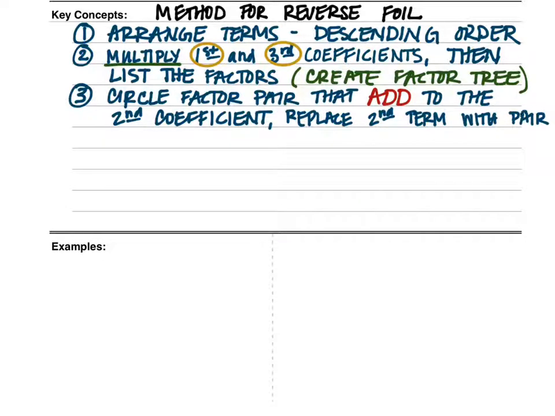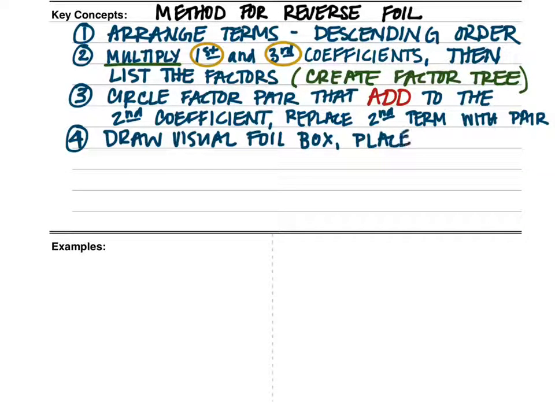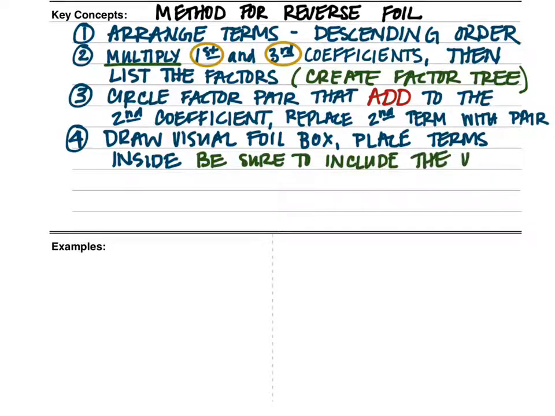Step 4 asks us to draw a visual FOIL box. We're used to a 2x2 box. We're going to place the terms inside this box, and be sure to include your variables when you're creating the terms inside the box.